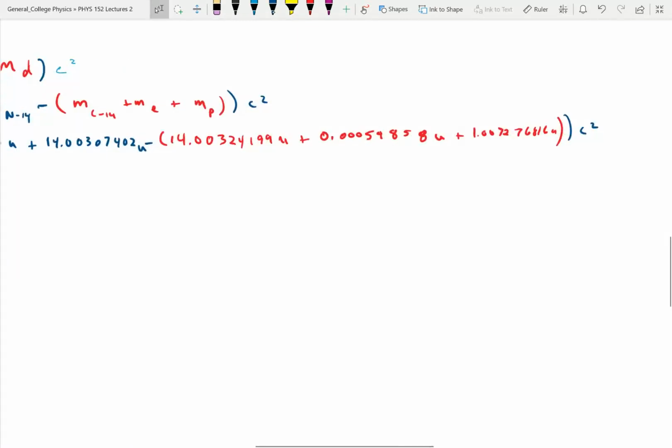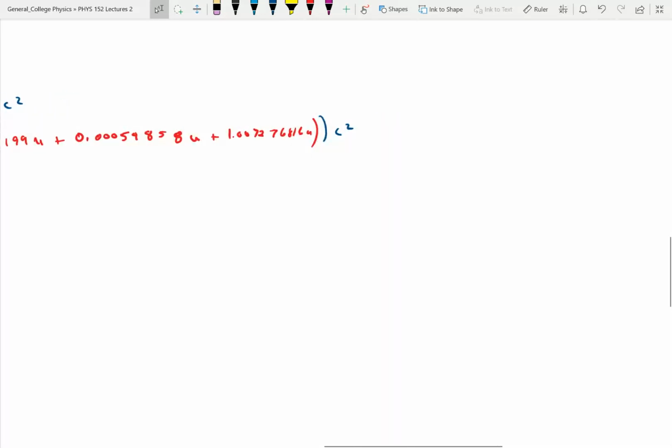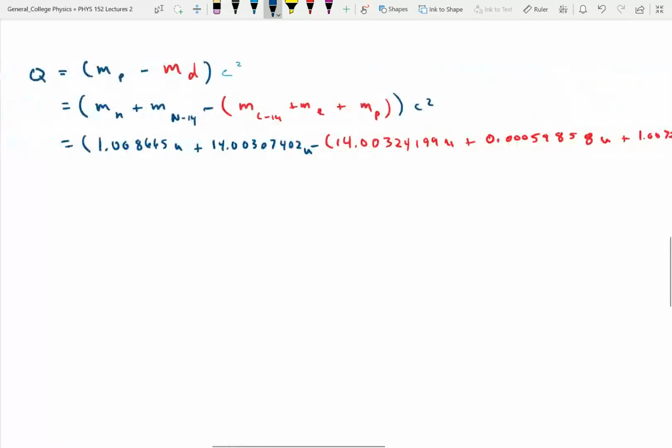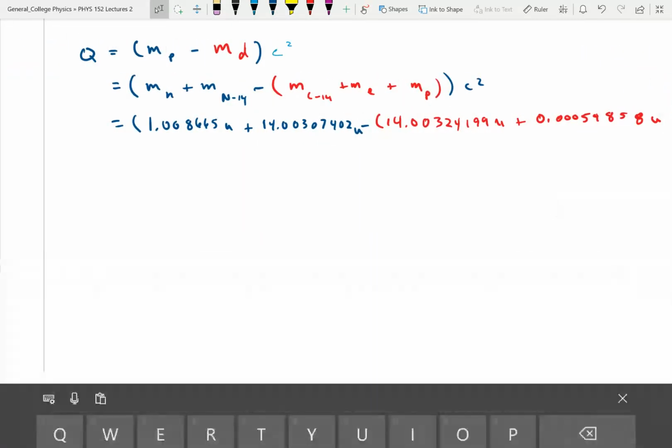So now what do we do? Well, let us remember that c squared is 931.494 MeV per u, right? I'm going to write down below what I actually used for my calculation.